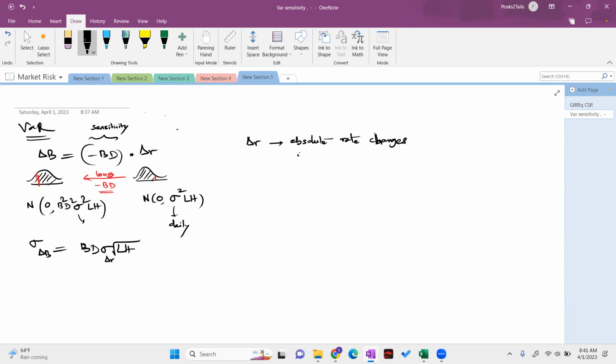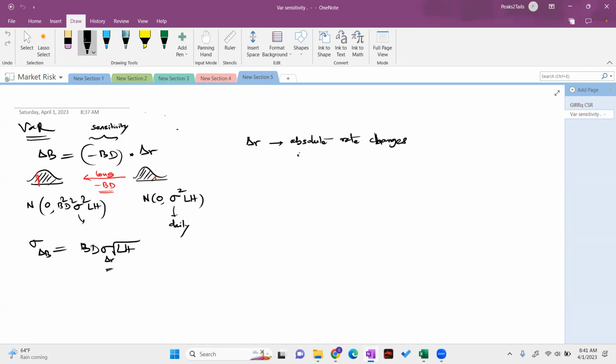And then you take the daily difference, that's the delta R. The sigma delta R that we are talking about is the volatility of the daily difference of interest rates. It is not a relative thing.